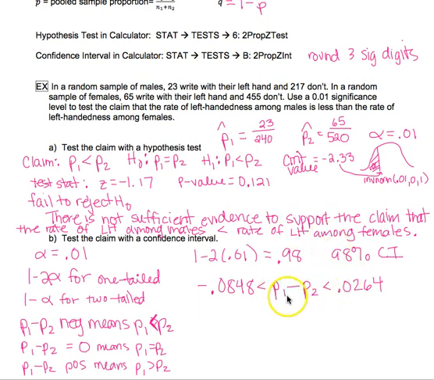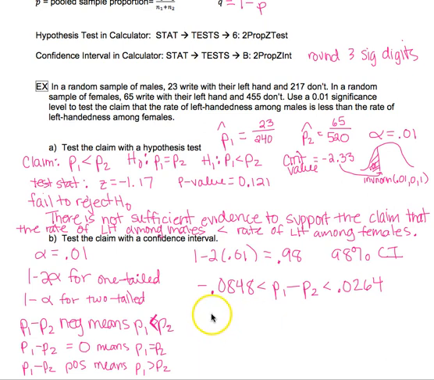So we're looking at the difference, and the way that we interpret the confidence interval is by looking at the values themselves. So I have a negative value on the left side, but I have a positive value on the right side, which means that somewhere in this interval is 0.